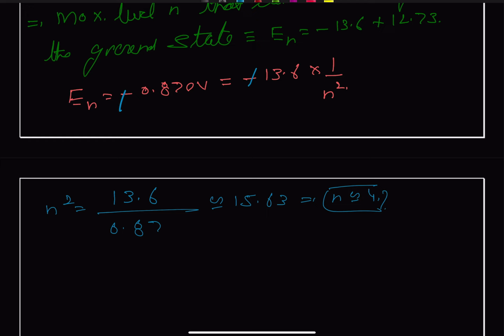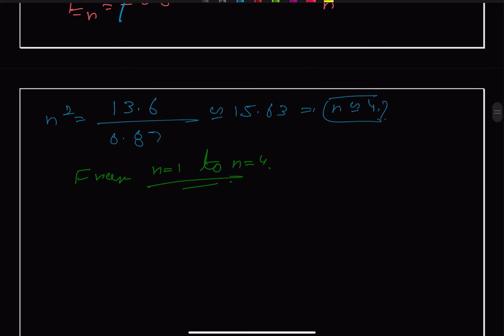So the electron excites from n is equal to 1 to n is equal to 4. Okay. And we have to find out the number of spectral lines that will be emitted. We got already the value of n, so it is quite straightforward now.